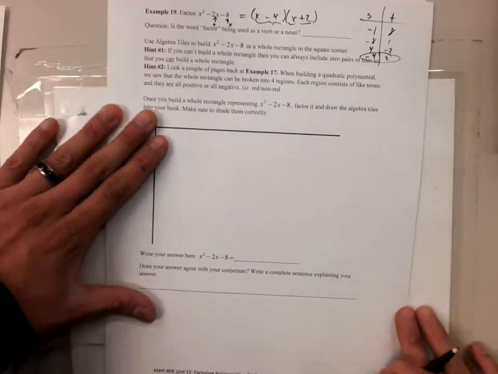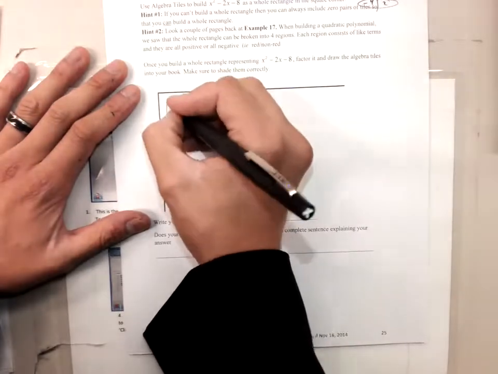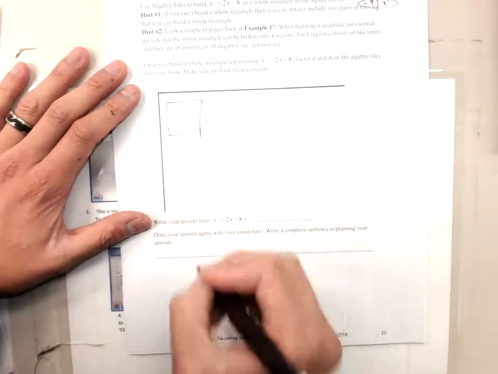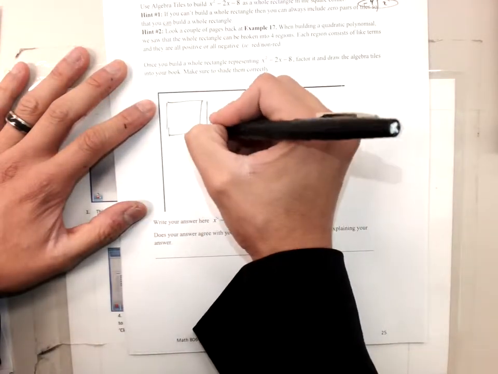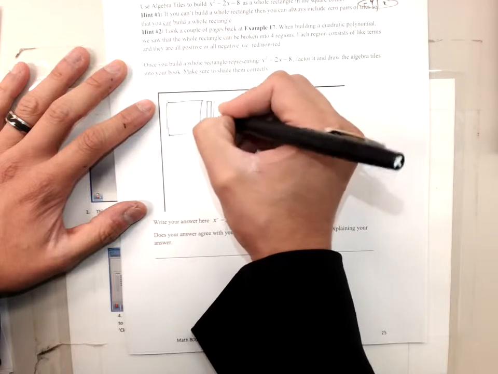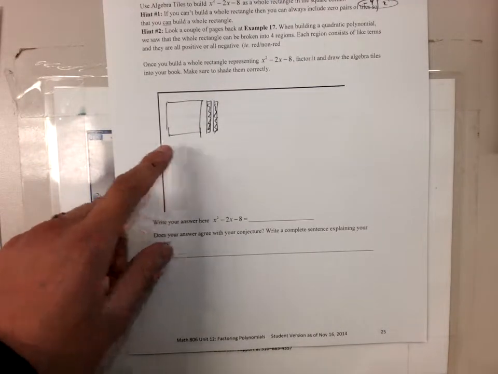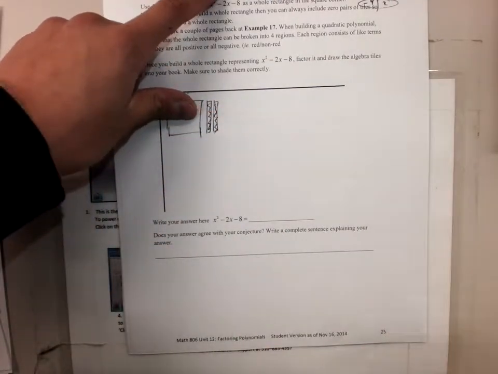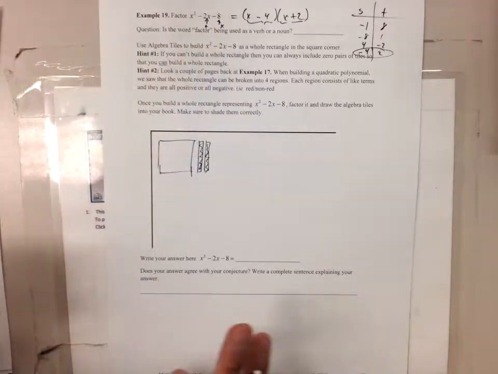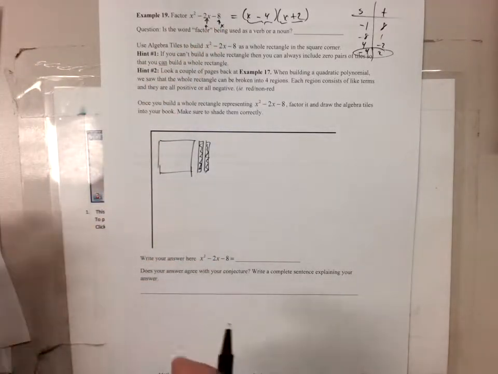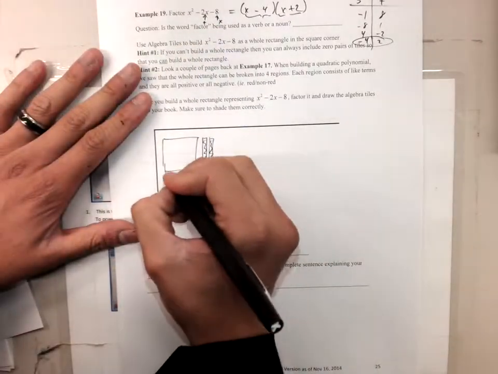So if we were to build this out, let's verify this here. So if I build this out, the tiles, there's x squared. I have minus 2 x's. You can see I have 8 little pieces, and they can't really fit here. So I'm going to add in a 0 pair.